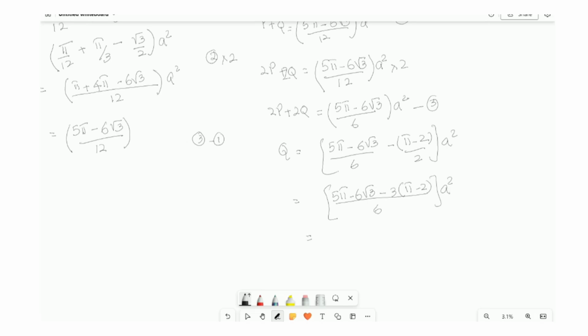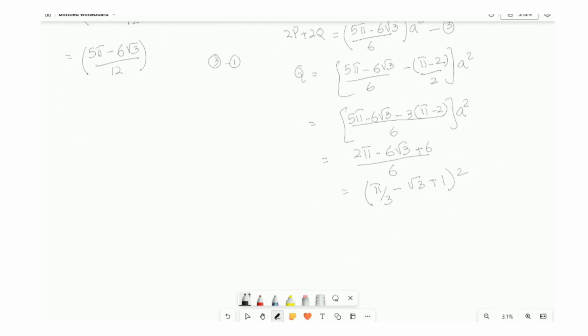So this is equal to (2π − 6√3 + 6)/6. We can divide it by 3, that is equal to (π/3 − √3 + 1) a².